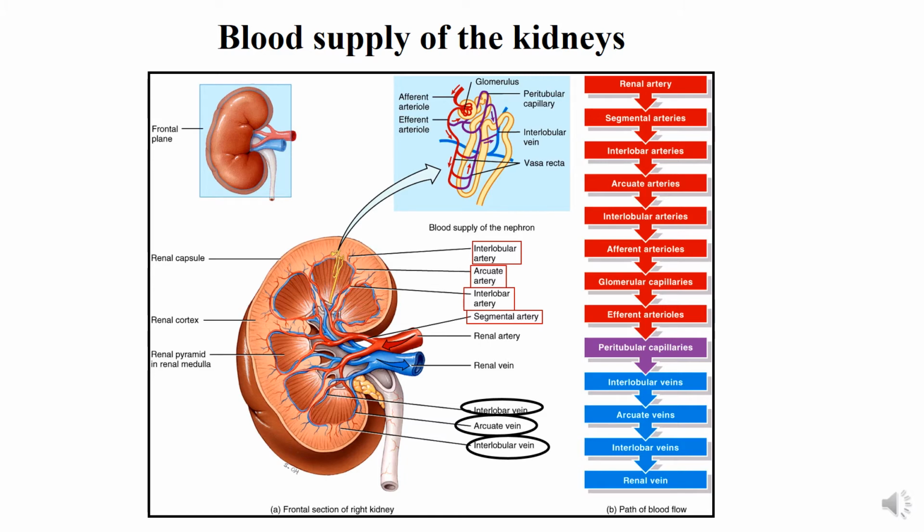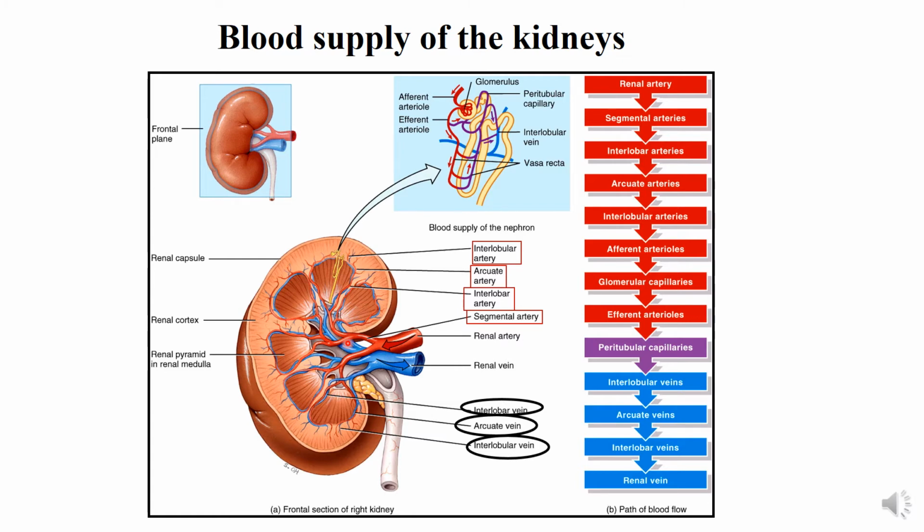Typically, each renal artery divides close to the hilum into five segmental arteries.